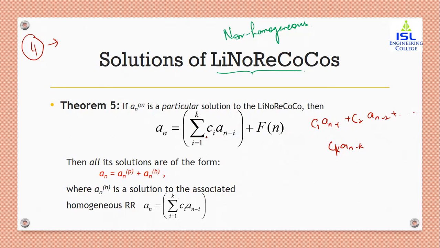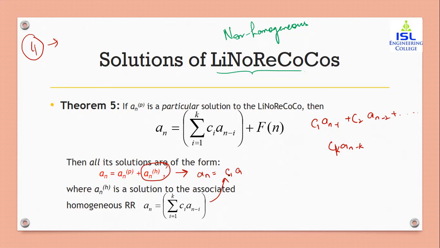Every solution is of the form a_n^(p) plus a_n^(h). Now what is a_n^(p) and what is a_n^(h)? a_n^(p) is the particular solution for the linear non-homogeneous recurrence relation. a_n^(h) is the solution for your associated recurrence relation, that is a_n equals c1 a_(n-1) plus c2 a_(n-2), and so on up to ck a_(n-k).